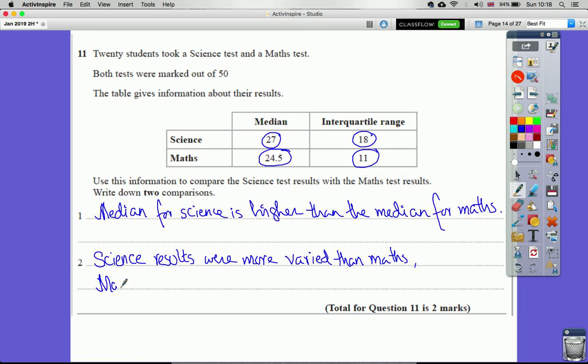Maths results were more consistent. So at the end, in comparing these two sets of marks, the average for maths was lower than the average for science, but the maths results were more consistent than science.